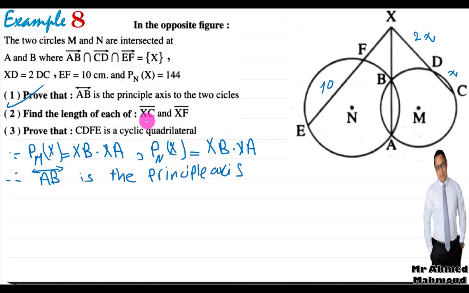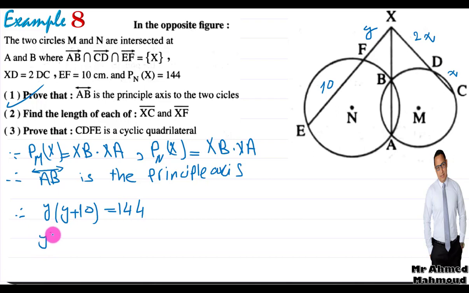Number two, find XC and XF. Here the power of X with respect to N is 144. Start with N. I'm going to call XF y. Therefore y times (y plus 10) equals 144.